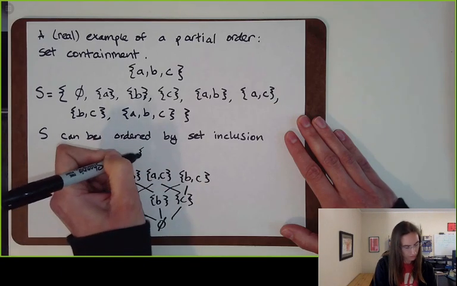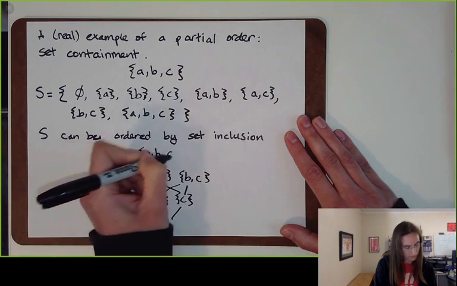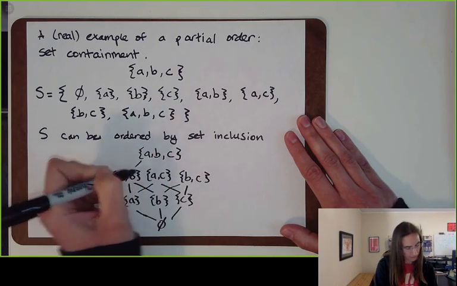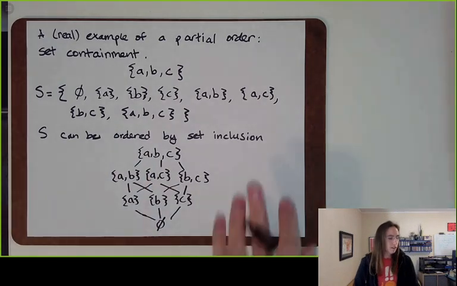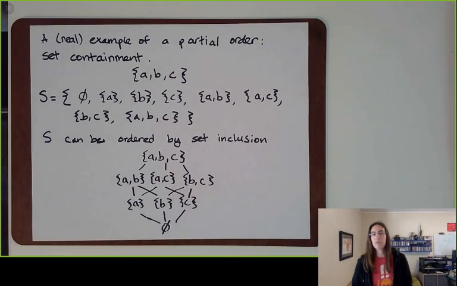And then at the top, the set of all three. Classic example of a partial order. So why is it a partial order? Because those three properties are true, right? Reflexivity, anti-symmetry, and transitivity.